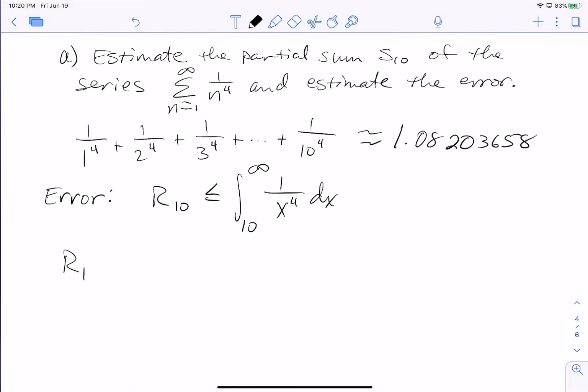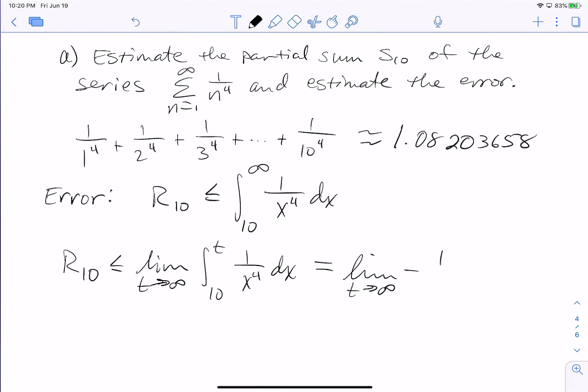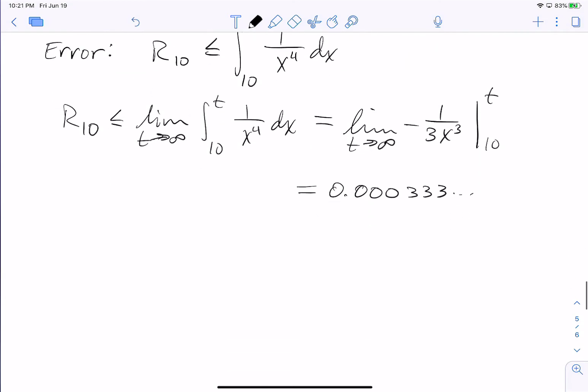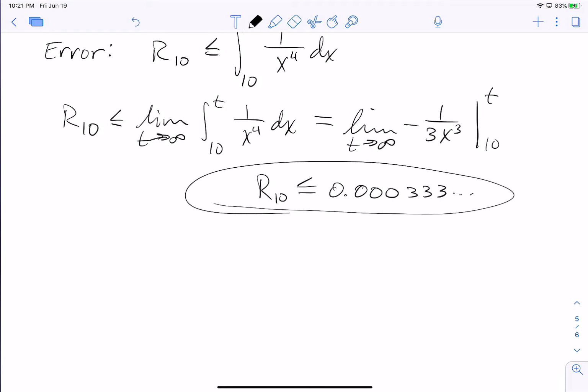Well, that means that R sub 10 is less than or equal to the limit as t approaches infinity, because we do have an improper integral, from 10 to t of 1 over x to the fourth dx, which, using the power rule, gives us the limit as t approaches infinity of negative 1 over 3x cubed evaluated from 10 to t. And this is going to equal 0.000333, and they go on forever. So R sub 10 is less than or equal to that value.